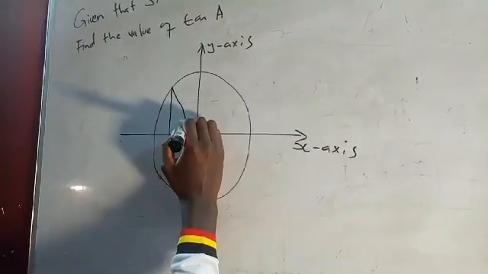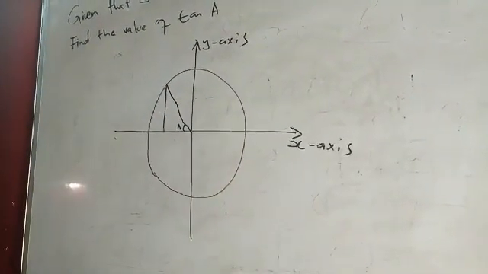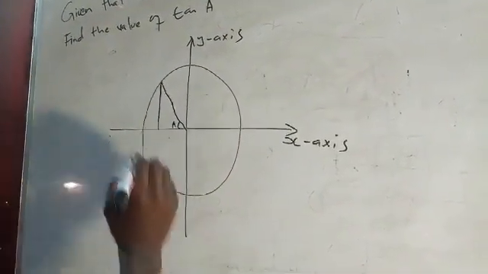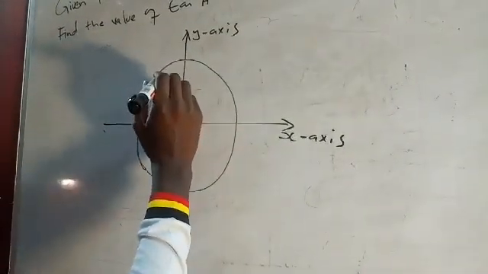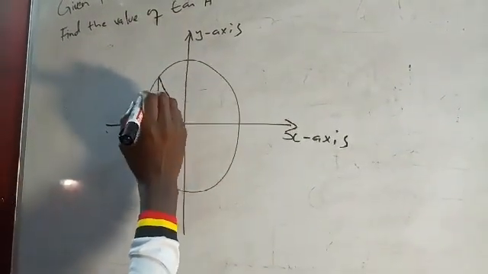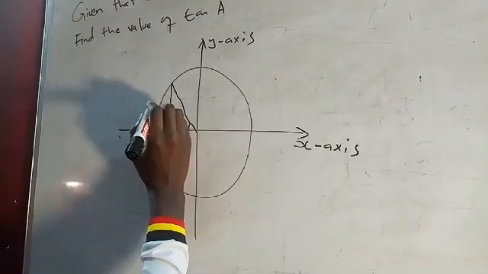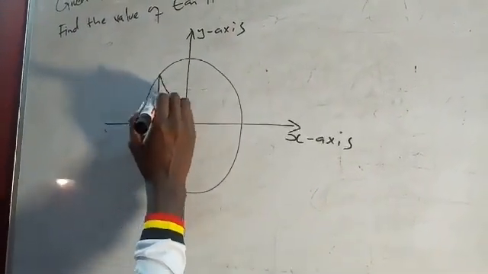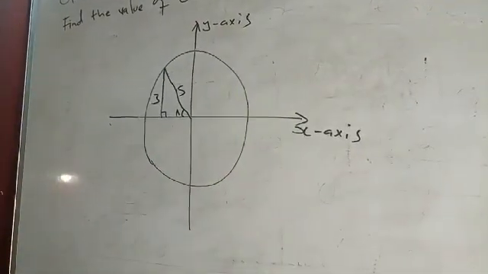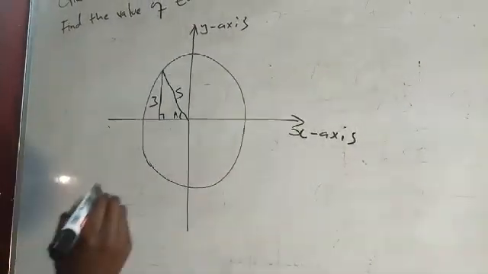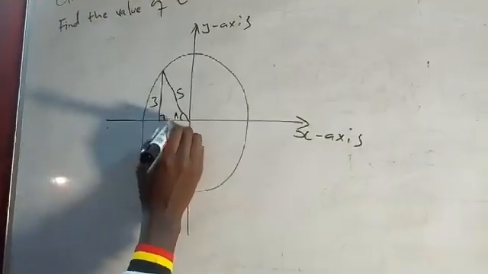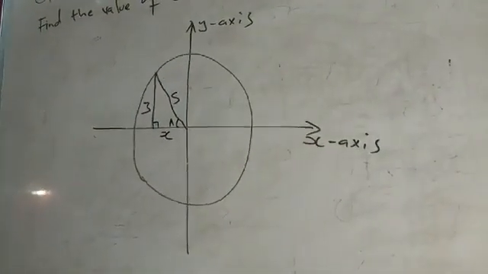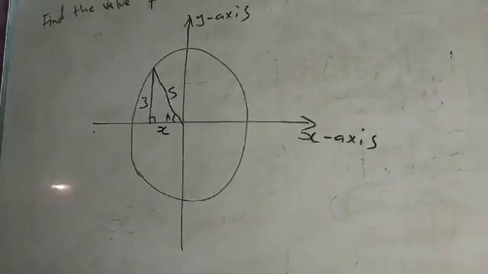This is A, and sine is opposite over hypotenuse, so this one will be 3 and this one 5. Let's name this lower part x, and let's try to find x.